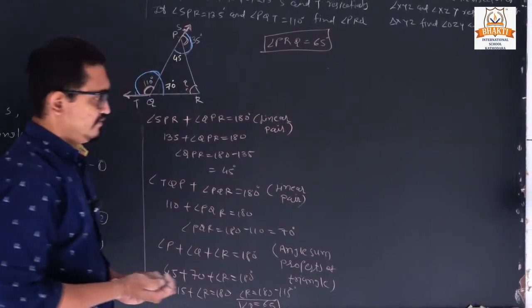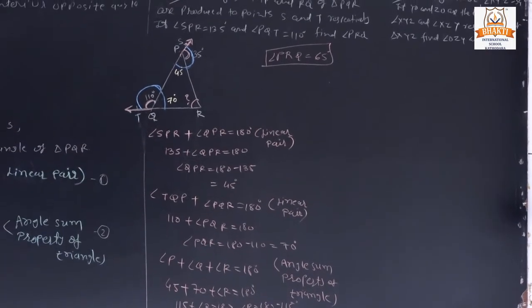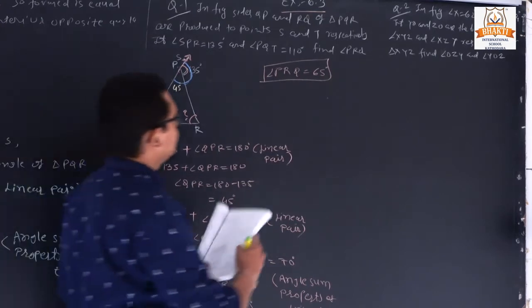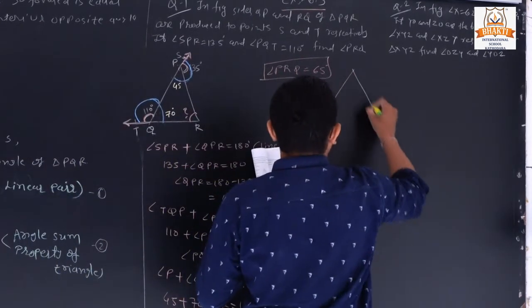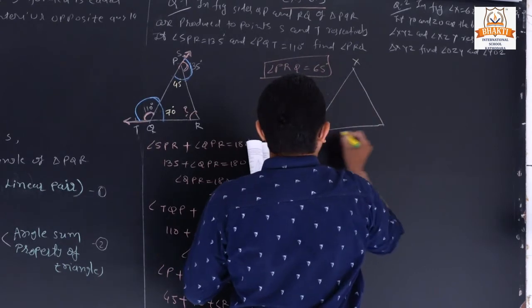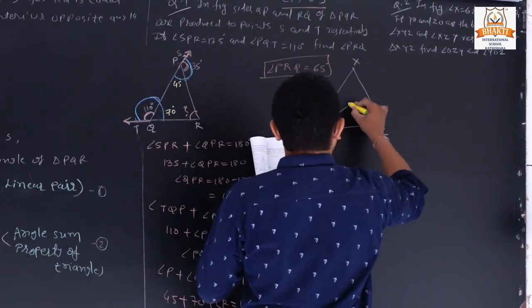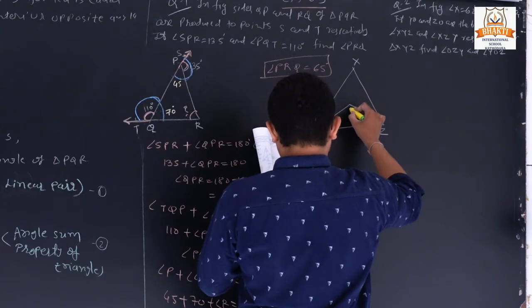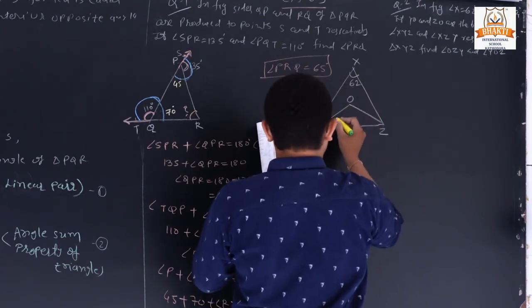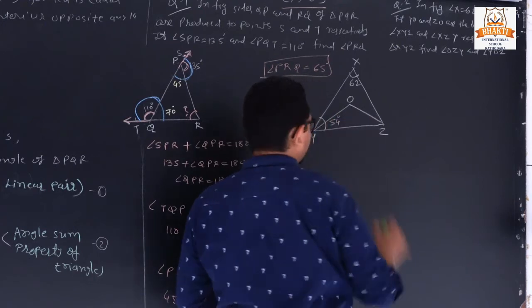Figure is given. We need to draw the figure from our book. Here X, Y, Z. Here it is given O. It is 62 degrees and this is given 54.